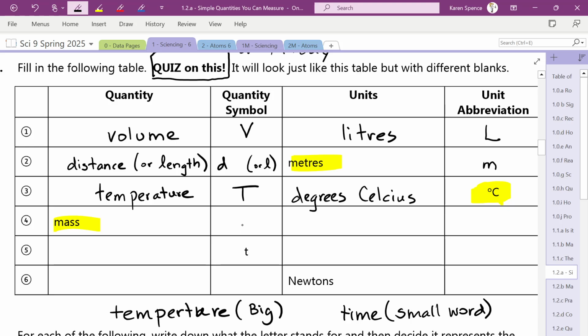Mass is M, little m. And what is the unit for mass? Grams. And the symbol for grams is little g.